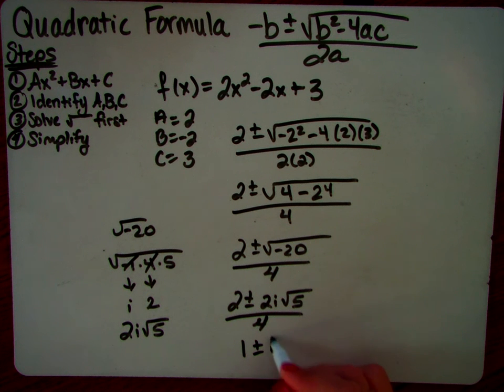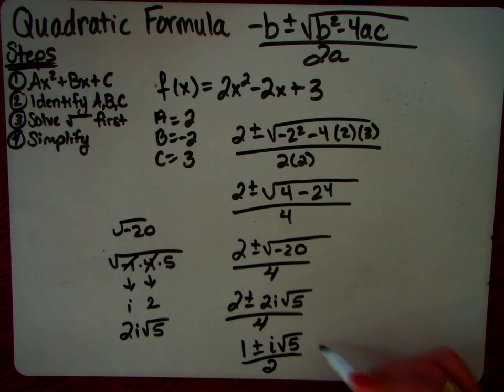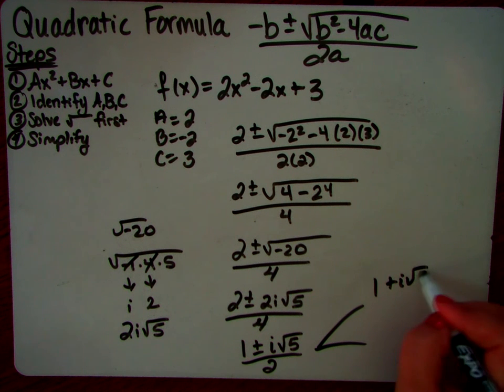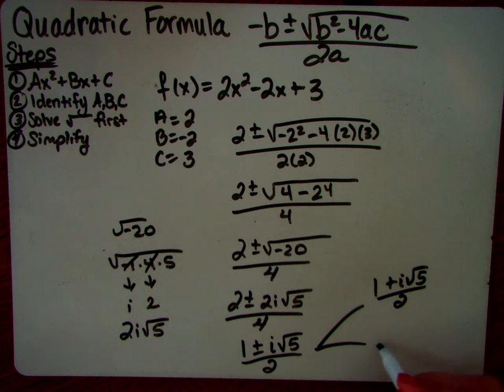I don't have to write the 1, I'm just going to write i, square root 5. 4 divided by 2 is 2. And that's going to give you 2 answers. You're going to have 1 plus i square root 5 over 2, and 1 minus i square root 5 over 2. Okay, so wait till the very, very end before you simplify.